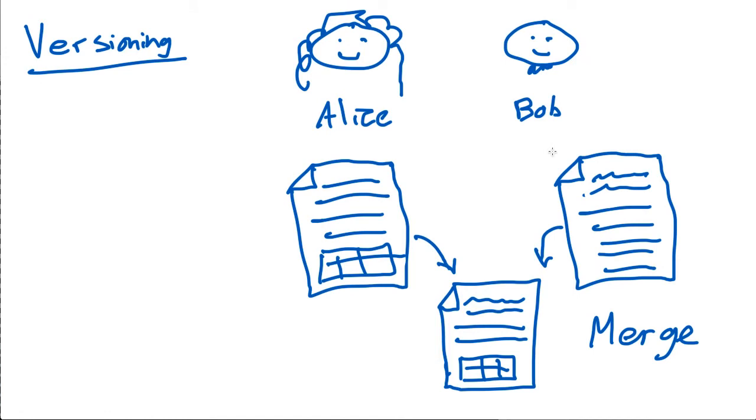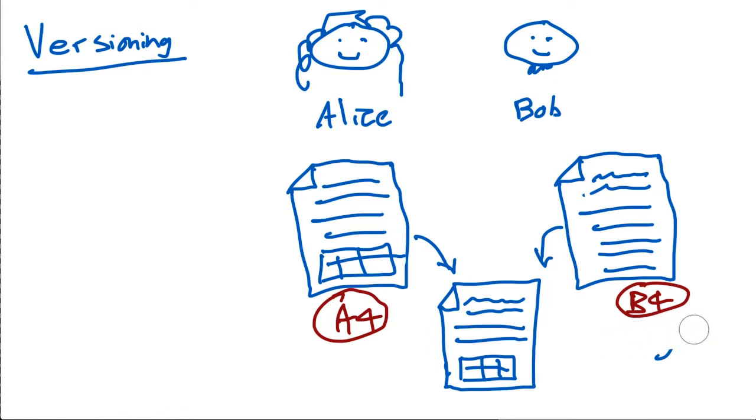So we've got Alice's version here, and I'm going to call this A4. And Bob makes his changes, and he also creates a version 4, but I'm going to call that B4, just to distinguish it from Alice's version. Now both A4 and B4 are based on the version 3 that Alice originally had.